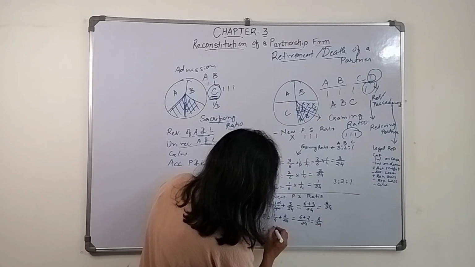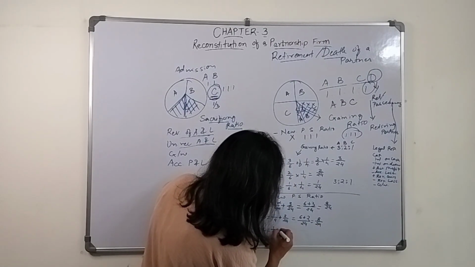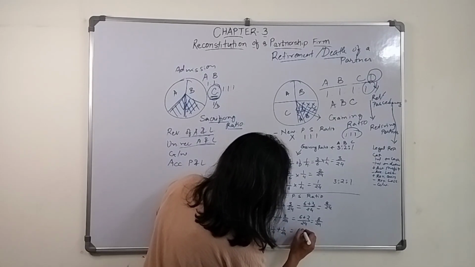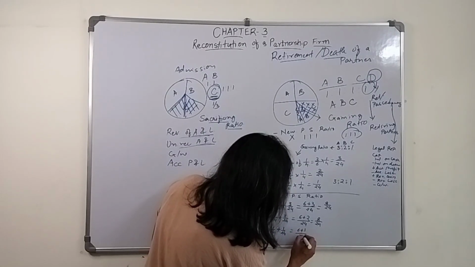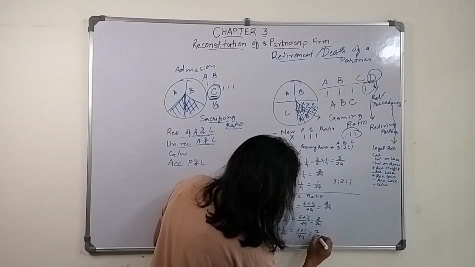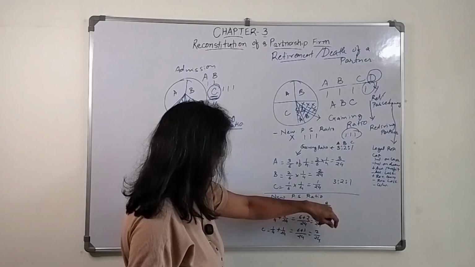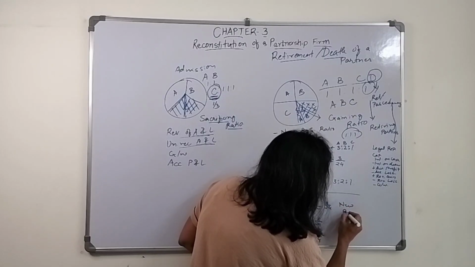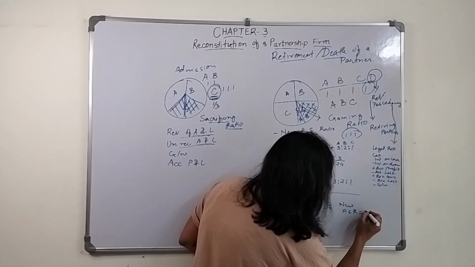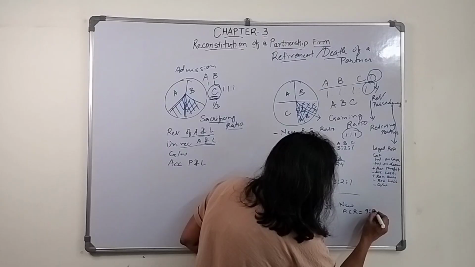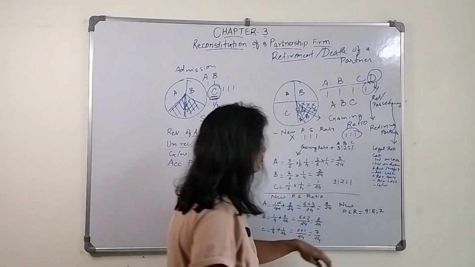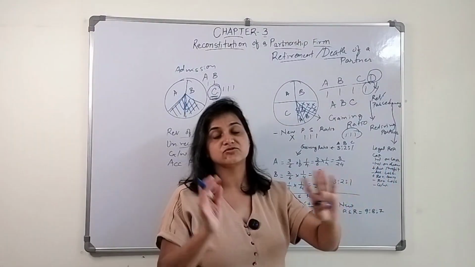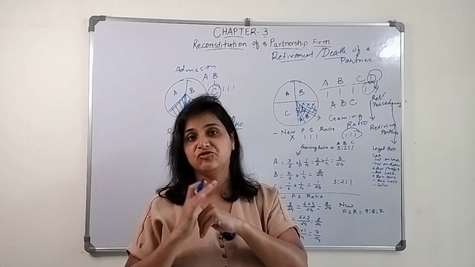And C, how much is C going to get? 1/4 plus 1/24, that is 6 plus 1 divided by 24, that is 7/24. What is their new profit sharing ratio? 9:8:7. So now they will share the profit in the ratio of 9:8:7. This is their new profit sharing ratio.